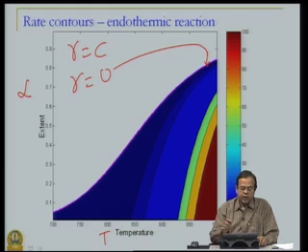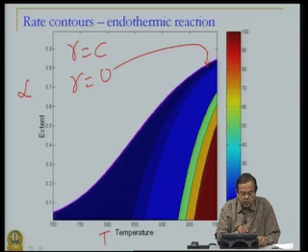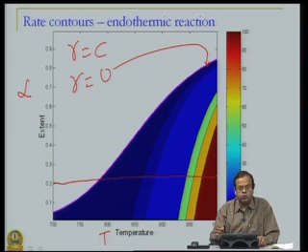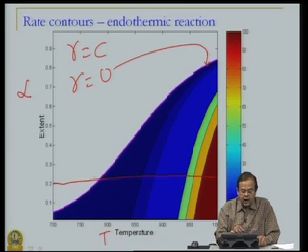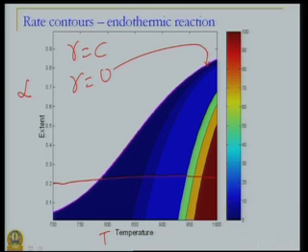Now, for any other value of C, we see that as the extent of reaction increases, or at a constant extent of reaction, as we increase the temperature, the reaction rate is increasing. That is, if we just draw a horizontal line at alpha equal to 0.2, then as our temperature is increasing, this is a point where the reaction rate is 0.